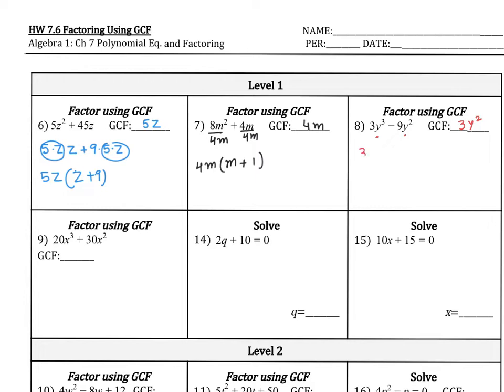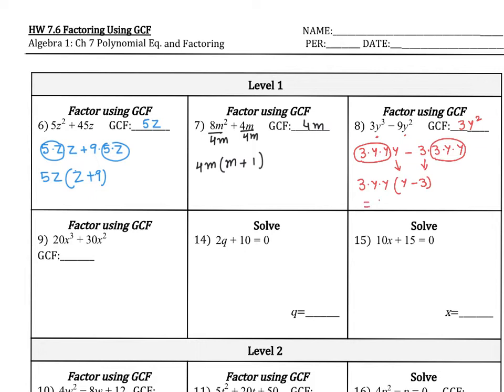You can either do this or break them down: 3 times y times y, and see what is common. So I can see the 3yy and 3yy are common. Inside you're left with y, and you're left with negative 3.